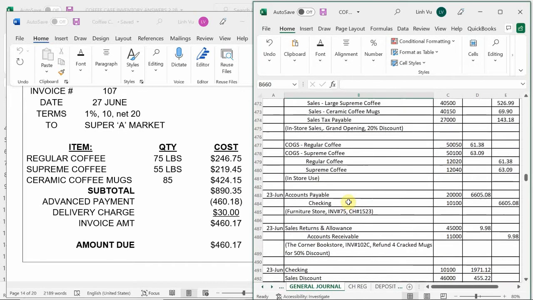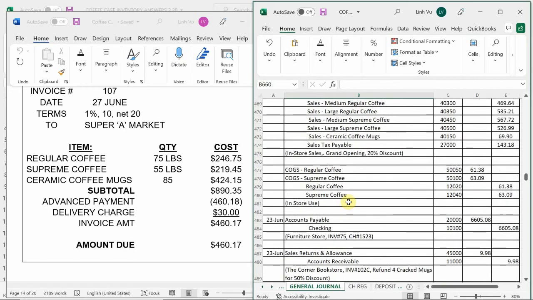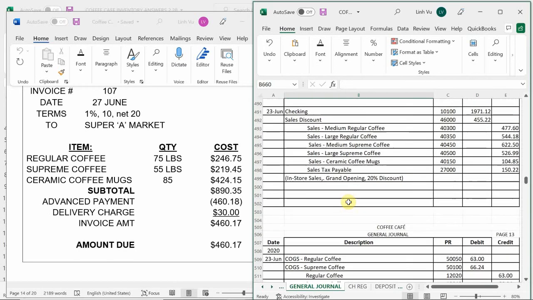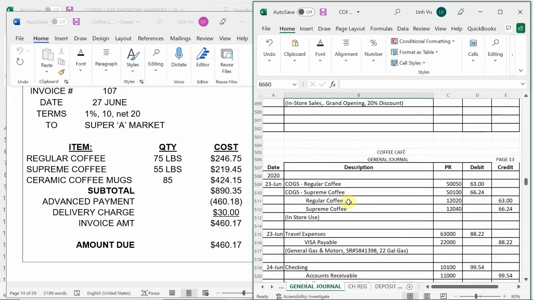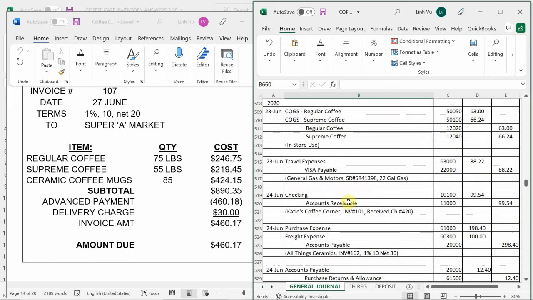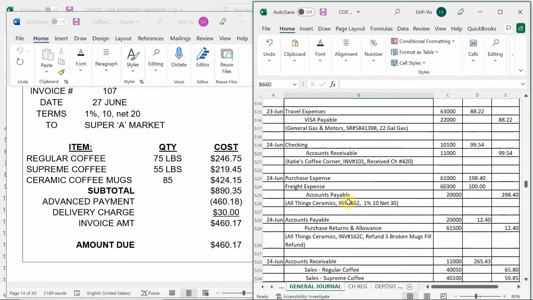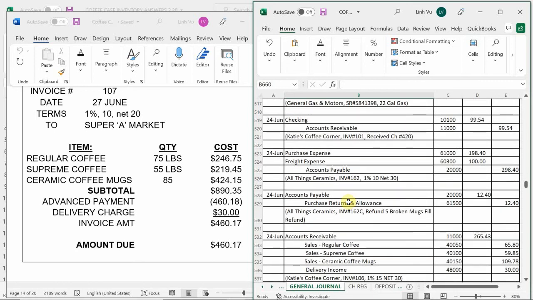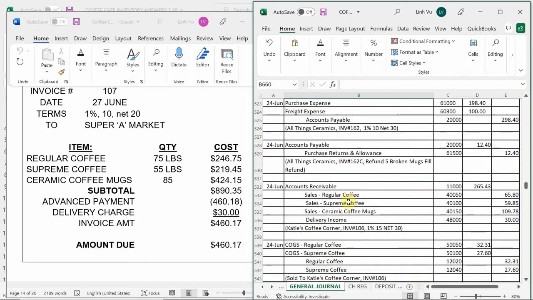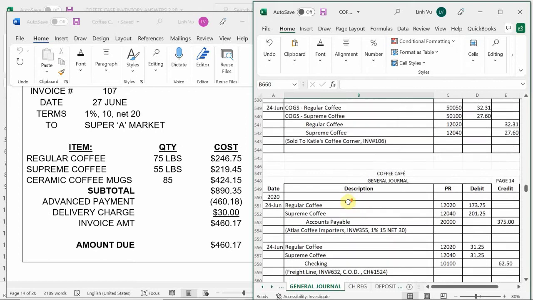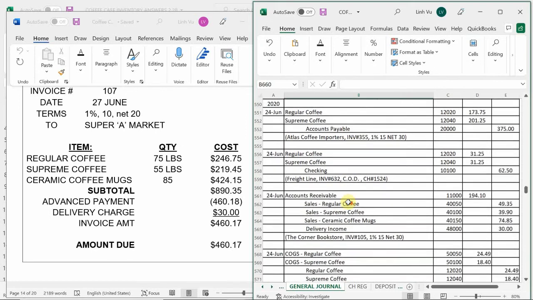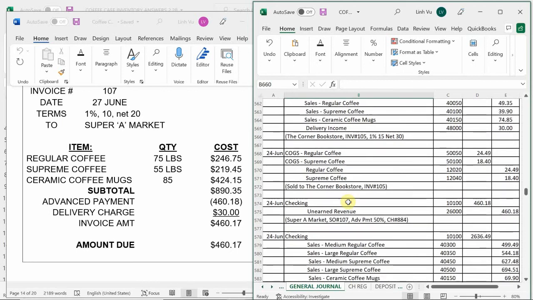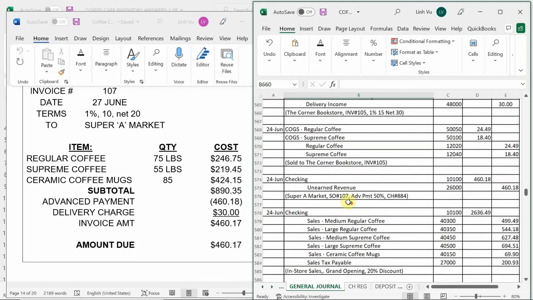So let's see where it's at so we can, let's see, I think we did it on the, should be the 23rd. Right, no, it's accounts receivable. Right, we received a check right here.